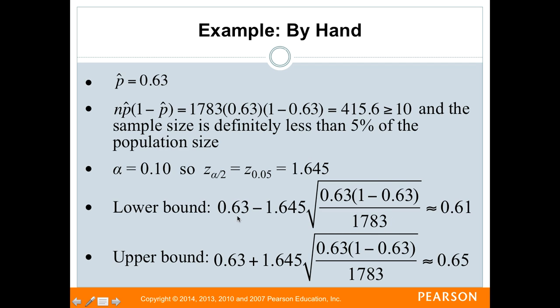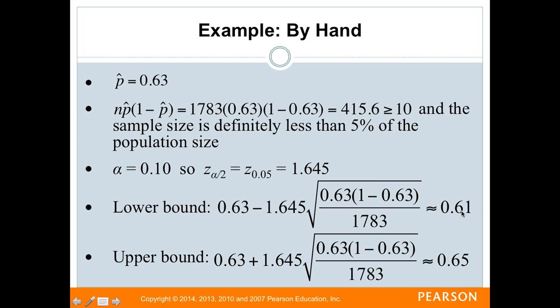But other than that, you should be able to just put it in exactly like you see it here. You should end up with a lower bound of 0.61 and an upper bound of 0.65. One thing you'll notice is that since we're just adding and subtracting the same value, your p hat, your estimate for your population proportion, is going to be right in the middle between the lower bound and the upper bound.